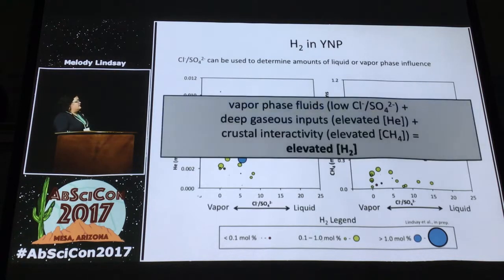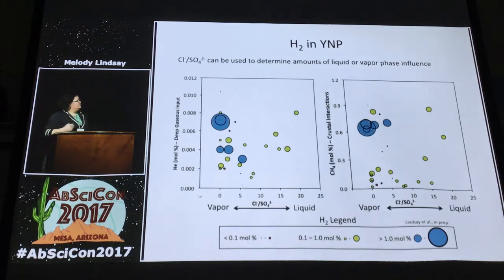And so, this leads us to conclude that these vapor phase fluids, when combined with deep gaseous inputs as well as undergoing high amounts of crustal interactions, will lead to hot springs that are enriched in hydrogen. And so we want to look at the fate of hydrogen in the biology of these hot springs, and to do that we're focusing on this hydrothermal area called Smoke Jumper Hot Springs, which plots here on both of these plots.